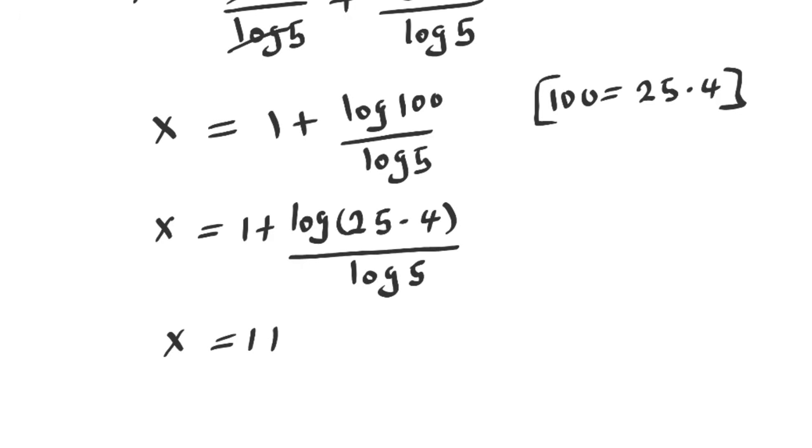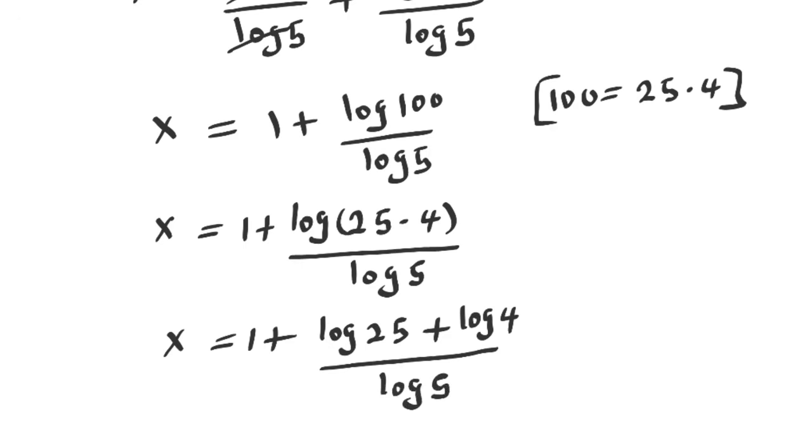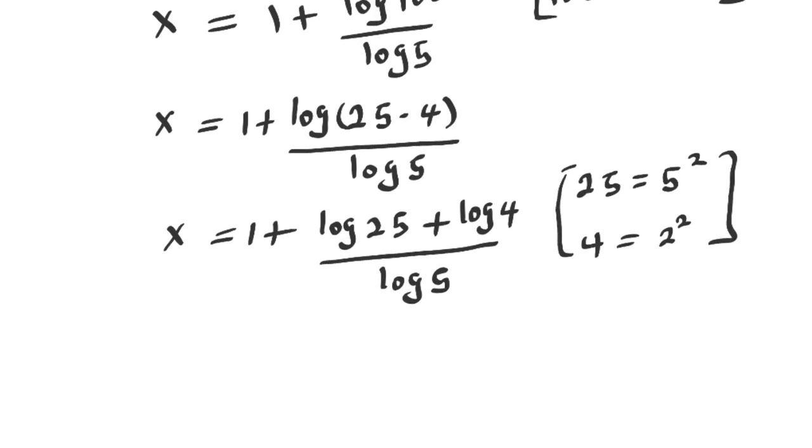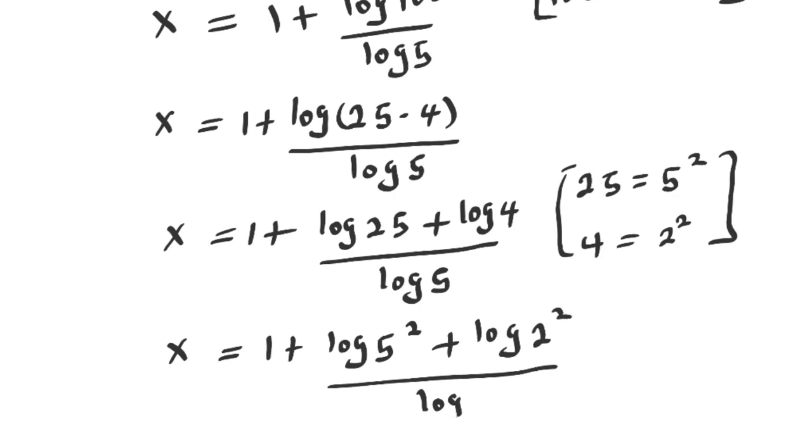x is equal to 1 plus log 25 multiplied by 4 can be written as log 25 plus log 4 over log 5. 25 is equal to 5 square. 4 is equal to 2 square. x is equal to 1 plus log 5 square plus log 2 square over log 5.